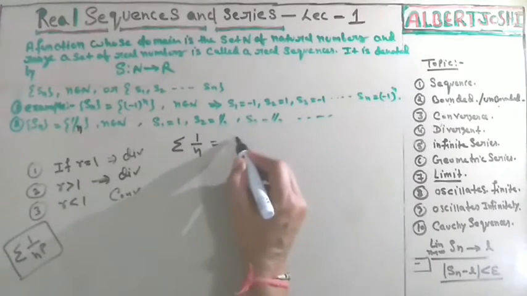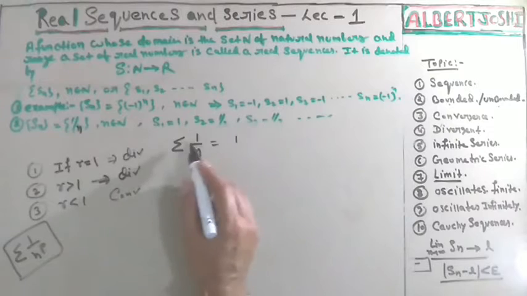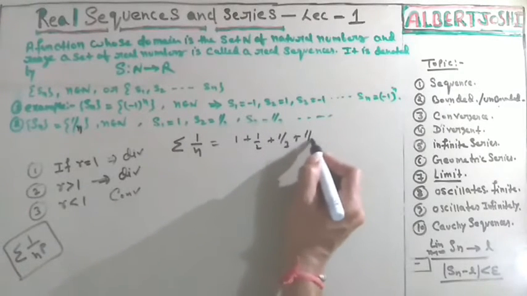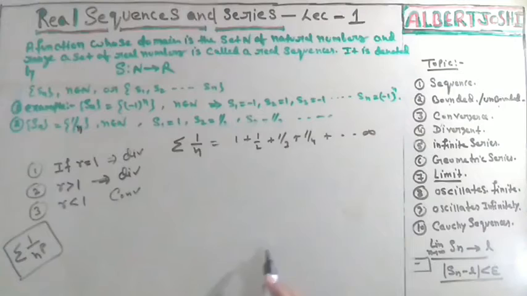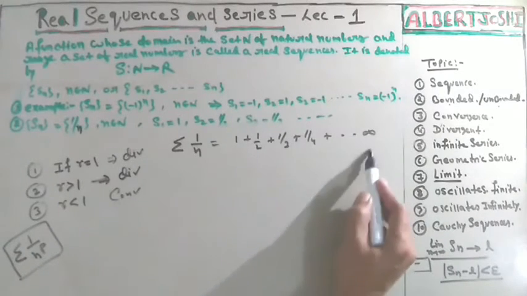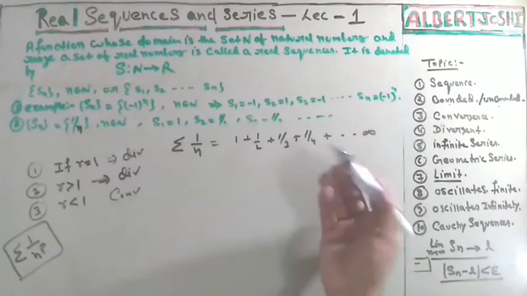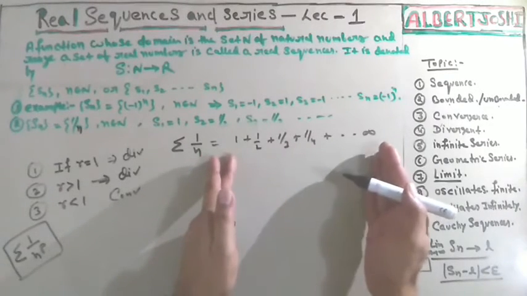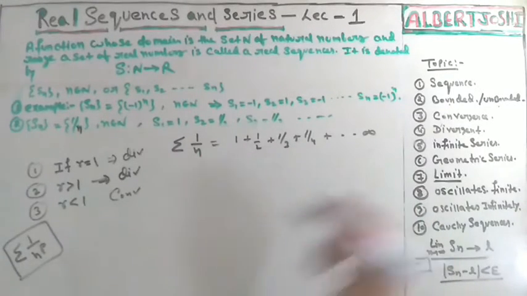What is the meaning of this? It means 1, after that put the second value, 1 upon 2, 1 upon 3, 1 upon 4, up to so on infinite. If we add all the terms, I don't know what the sum of all such values will be. I don't know about this.